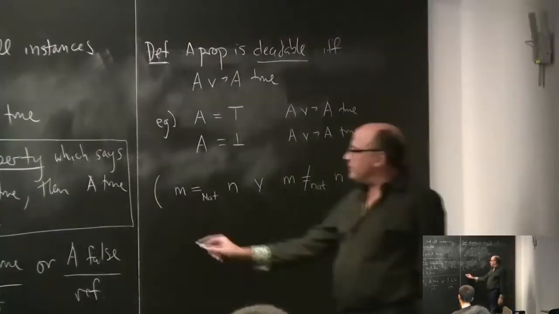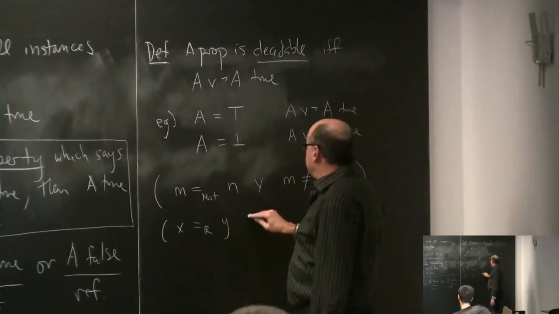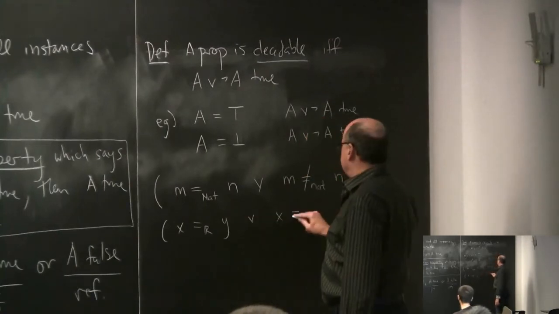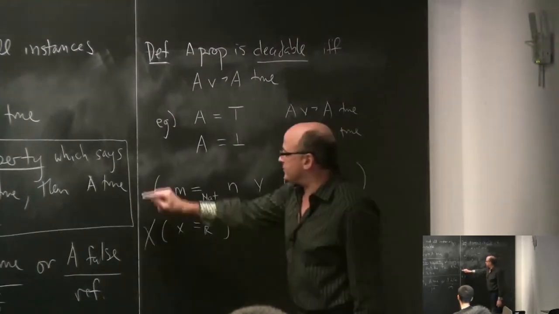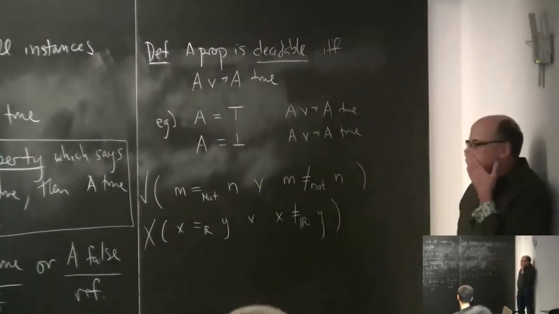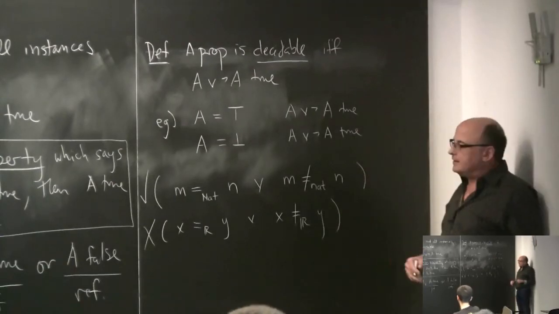However, for real numbers, we do not expect this to be the case. This one we do not expect, this one we do expect. And I'm not proving it yet, but the intuition should be clear.